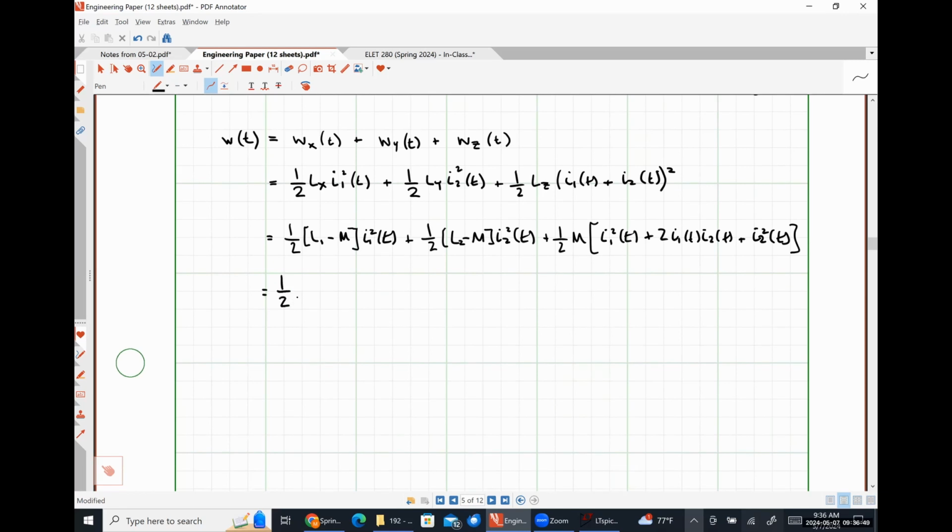So I have 1/2 L1 I1 squared minus 1/2 M I1 squared plus 1/2 L2 I2 squared minus 1/2 M I2 squared. And I'm continuing that same expression down here on the second row because it's too large.